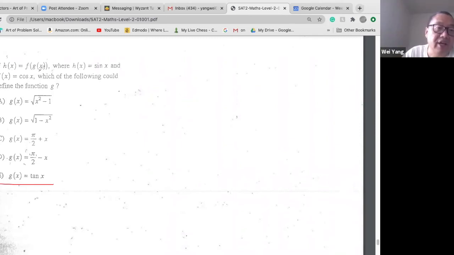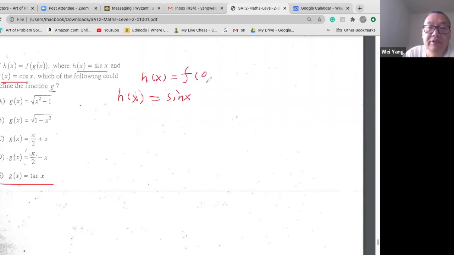hx equals f(gx), and hx here equals sin x, and fx equals cos x. Which of the following could define the function g? Okay, now let's see. hx equals sin x, and hx also equals f(gx).